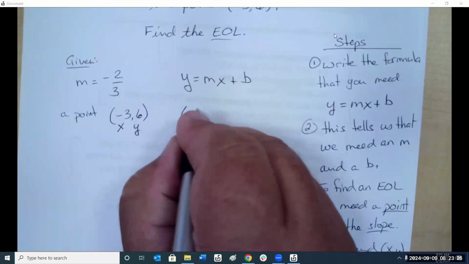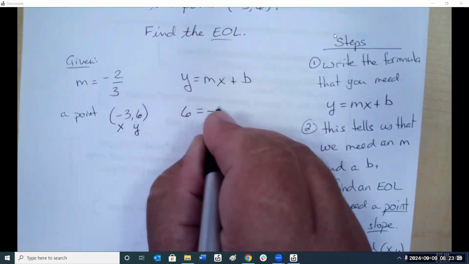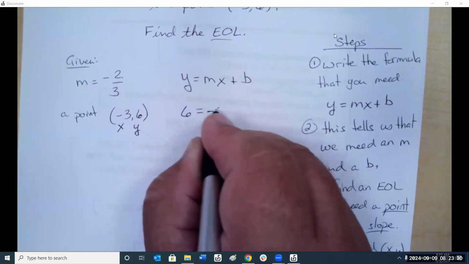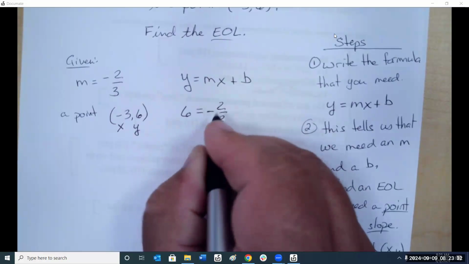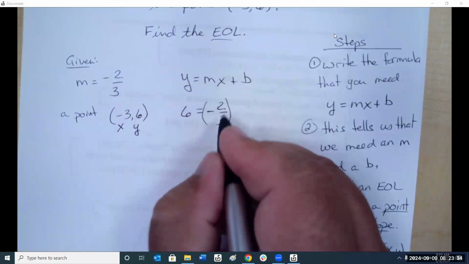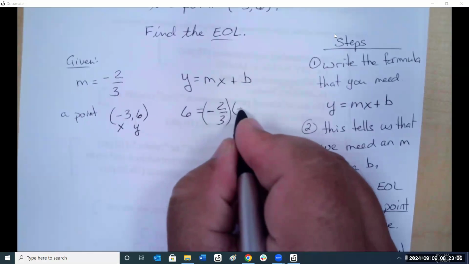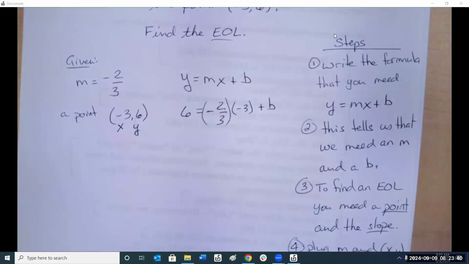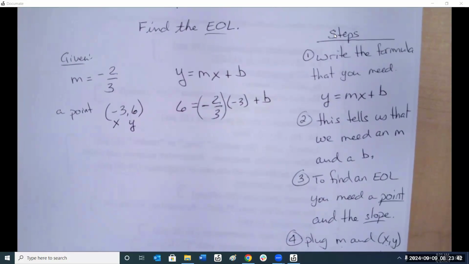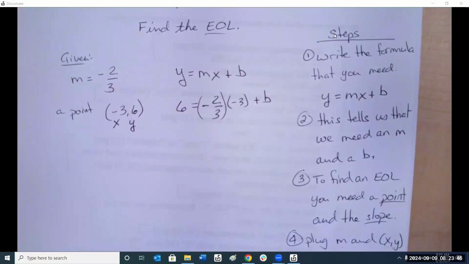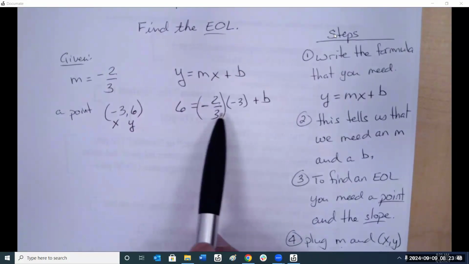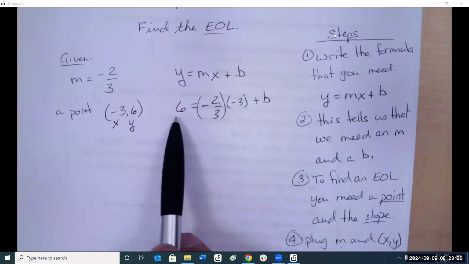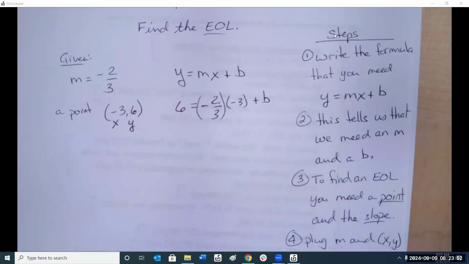We have 6 equals -2/3. That's my m. And my x is -3 plus b. So we plugged in our slope and our x and y. Now we've got to find b.